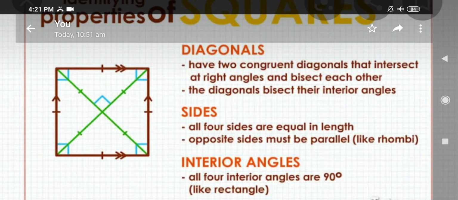The diagonals bisect each other and they are perpendicular bisectors of each other. Perpendicular bisectors means they divide the other diagonal into two equal parts, and also at the point of intersection they form right angles. So these are called perpendicular bisectors. So the diagonals of a square are perpendicular bisectors of each other.